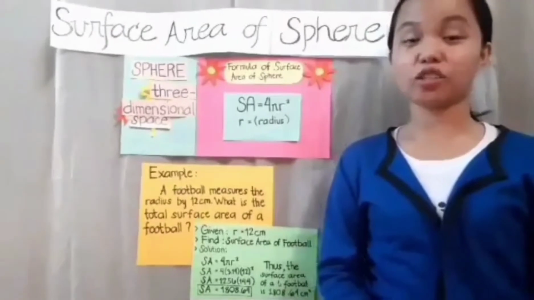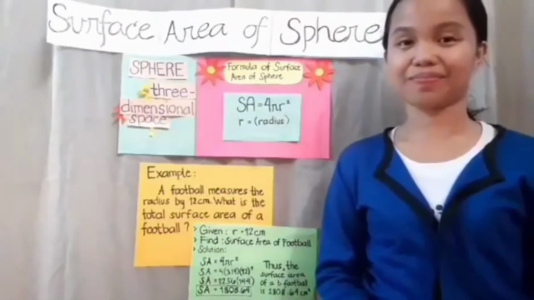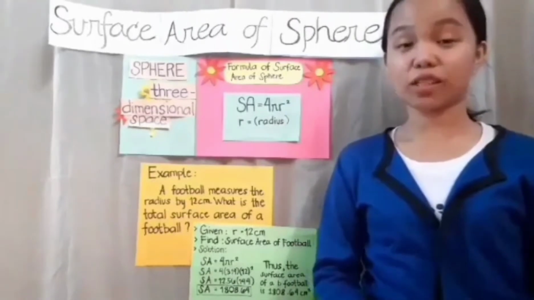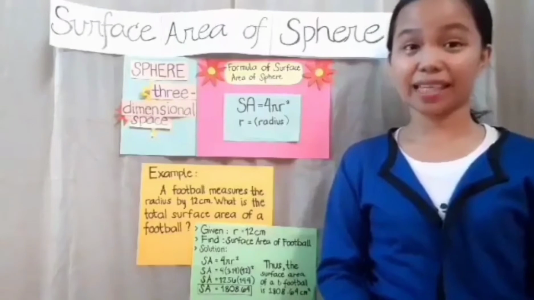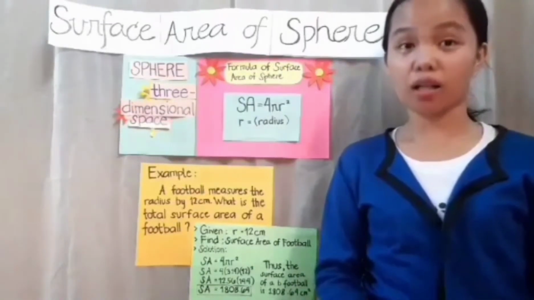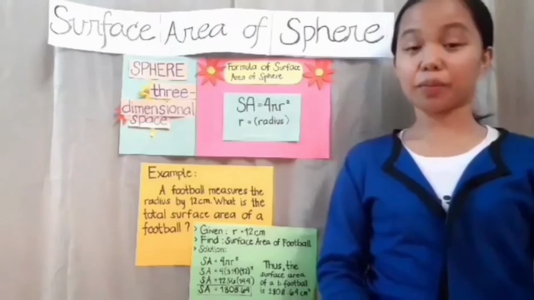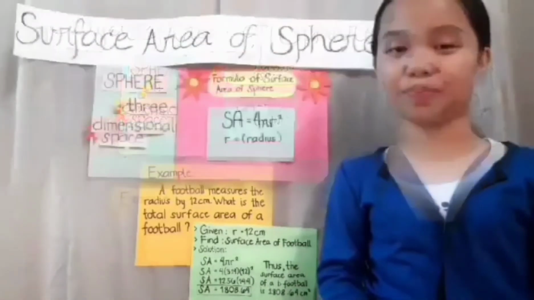A sphere is a geometrical object in three-dimensional space. Like a circle in a two-dimensional space, a sphere is defined as the set of points that are all at the same distance from a given point in three-dimensional space.